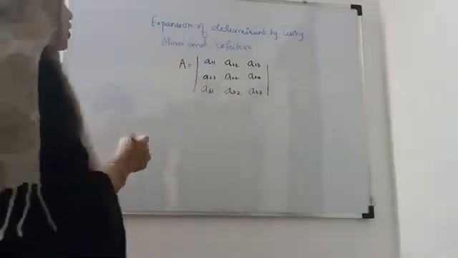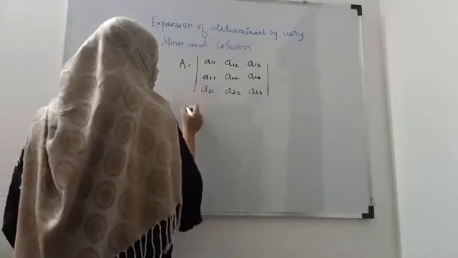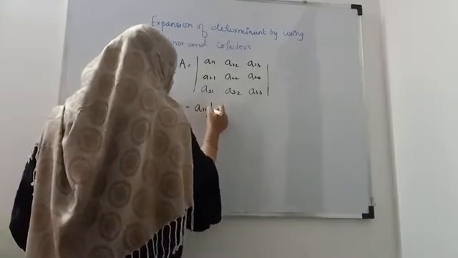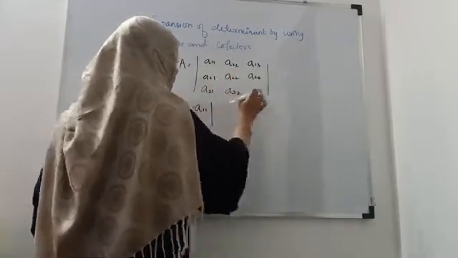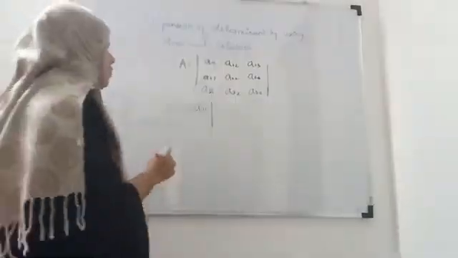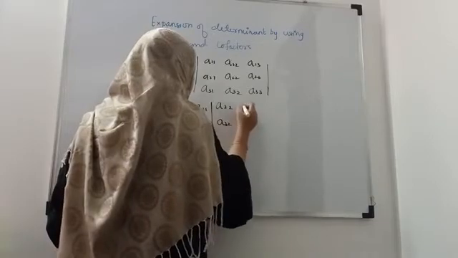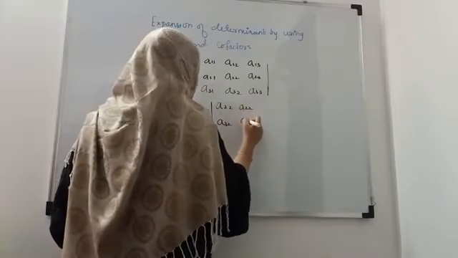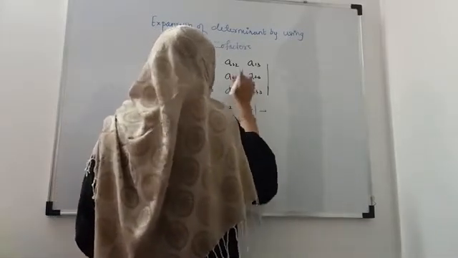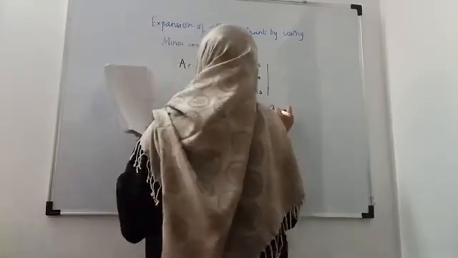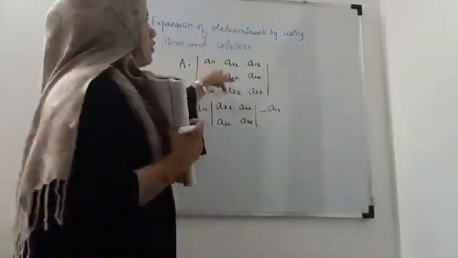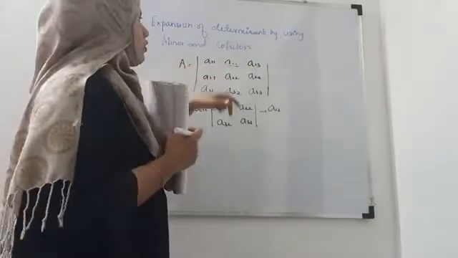Okay, so here what is the determinant? It is A11 times the determinant of this, right? Just a simple determinant: A22, A23, A32, A33. Then minus A12. I am doing it by the first row, okay? By using the first row.